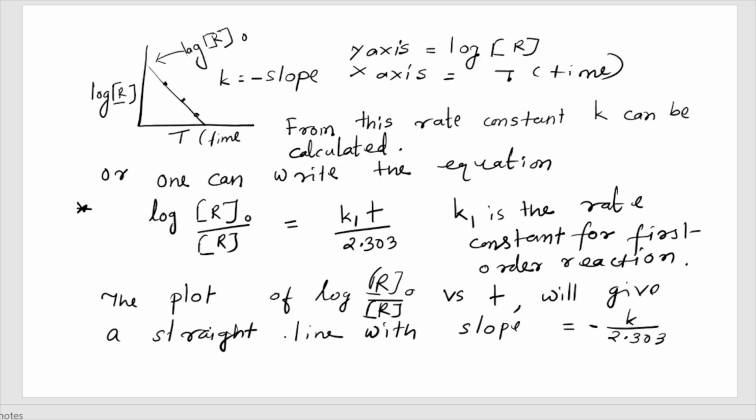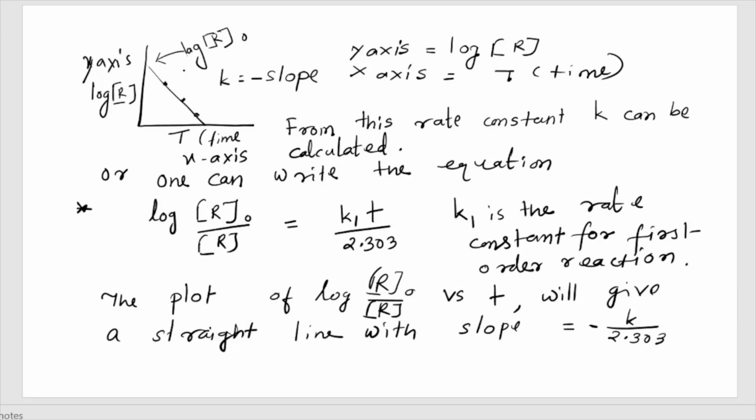See here, log R is on the y-axis, sorry, and this is the x-axis. So are you clear? Time is always put on the x-axis and log R on the y-axis.